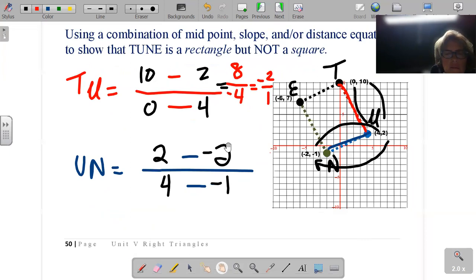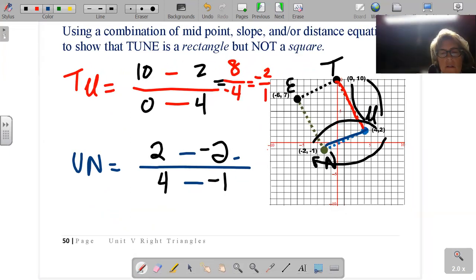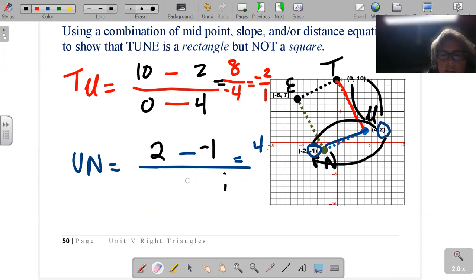Down here, I'm getting 4. I did not physically circle, plug, chug, negative 2, negative 1, and it's just that easy, folks, to make mistakes if you don't circle, plug, chug, even as the teacher.